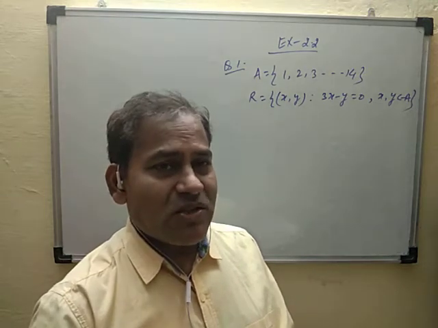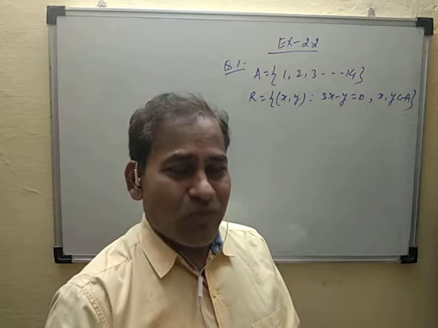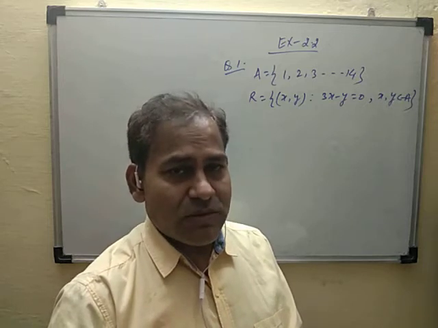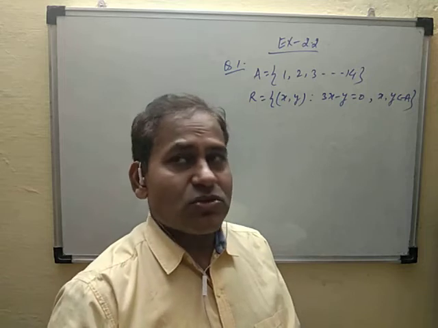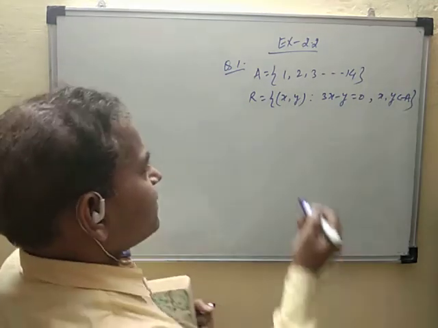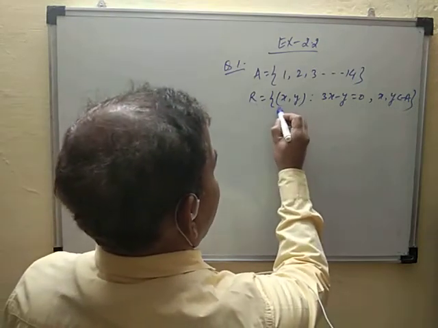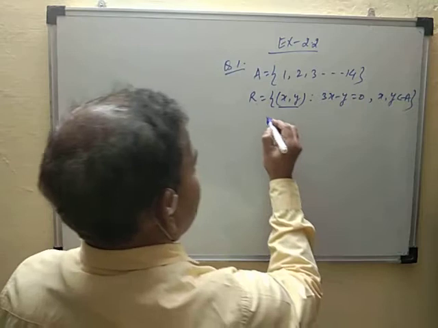So first find the value of R. The set of all first entries is called the domain. So what is R? Here R is equal to {(x, y) such that 3x minus y is equal to 0}.